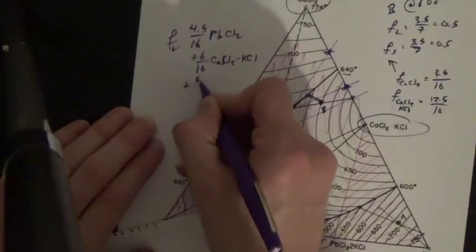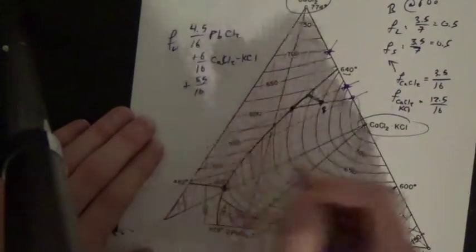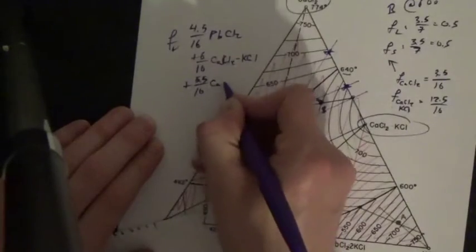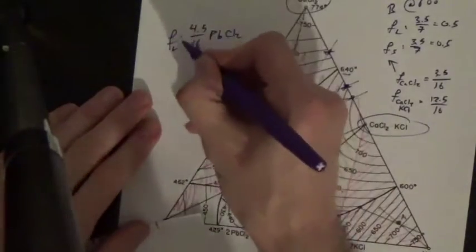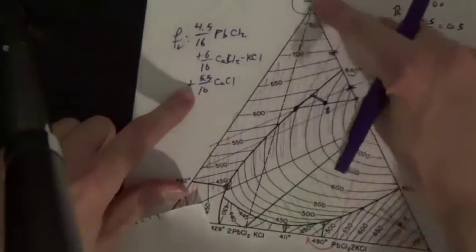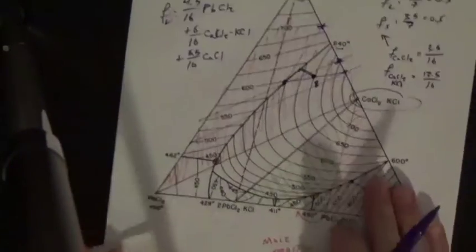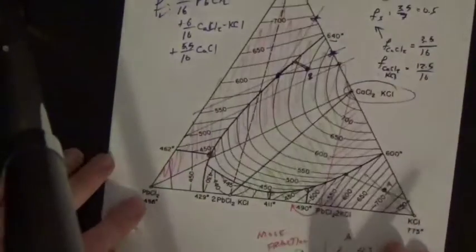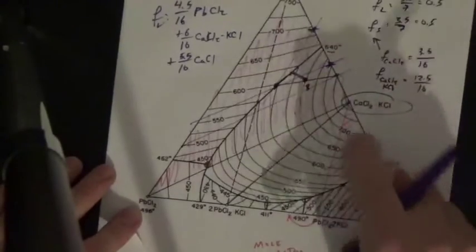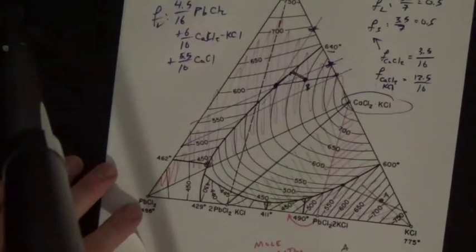Should be 5.5 over 16 CaCl2. So the composition of the liquid can be taken from the compositional triangle, or we could have taken it from the whole triangle. In this case, we don't have any of the markers on the edge, which makes it a little bit inconvenient.